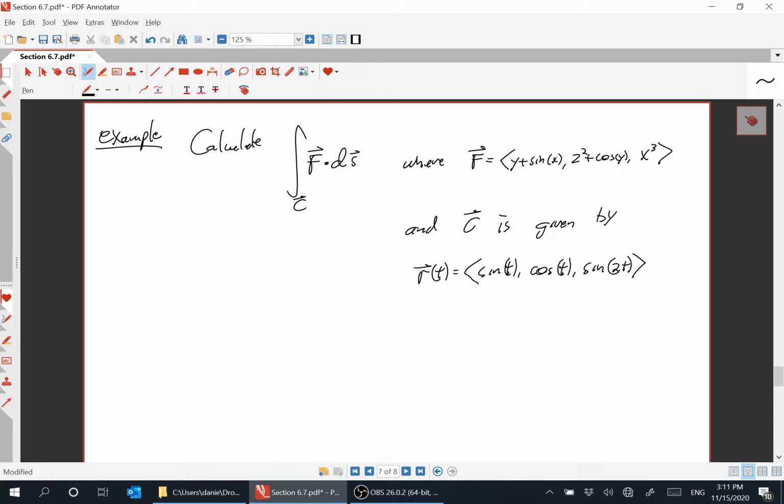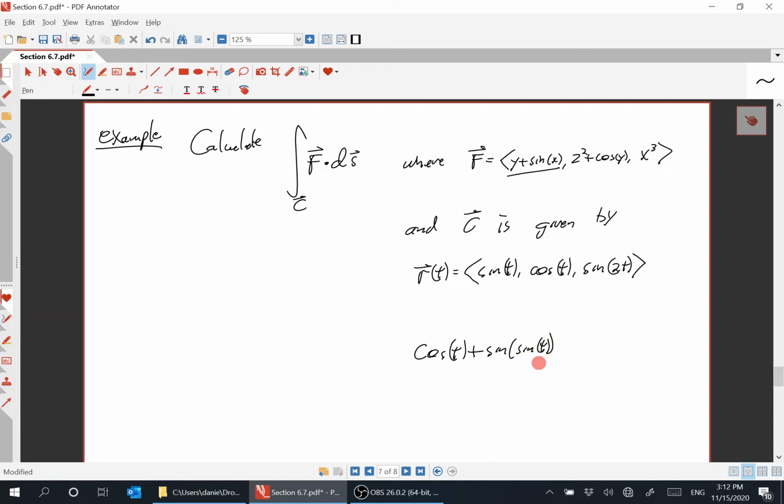We could do it directly, right? This could be calculated directly, but you see what the problem is going to be: f of r of t is going to have, so x is sine t, and y is cosine t. So what's this going to be? That's going to be like cosine t plus sine of sine t.